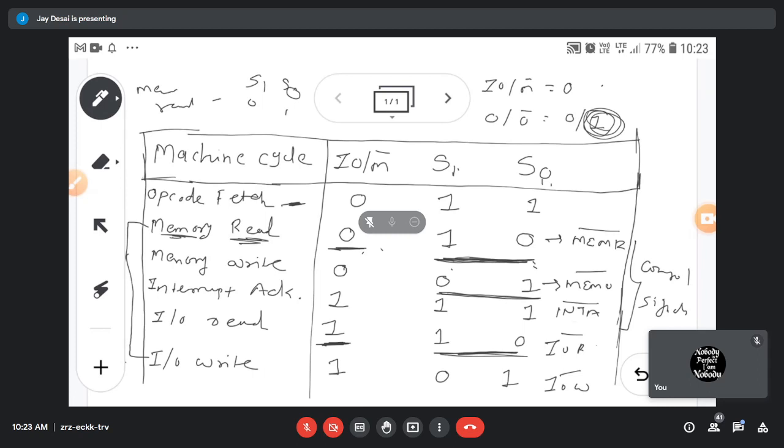And the priority of this interrupt is very low. Very low means last priority.